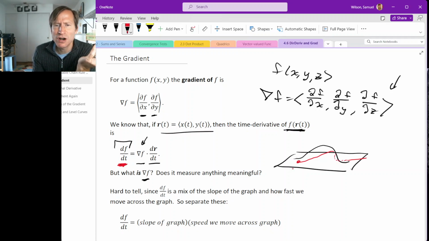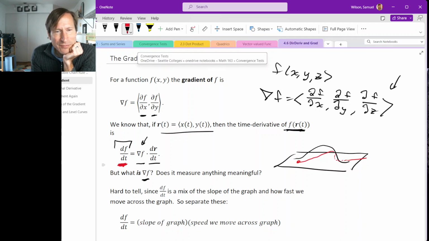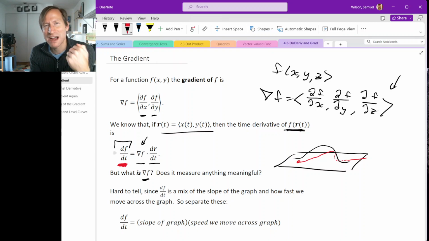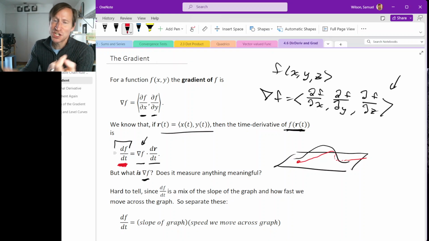It's made out of how fast the height of the graph is changing, how steep the graph is under our feet, and also how fast we are moving across the graph. Because df dt, that's the slope of the graph at our location, could change either because we are moving faster or because the actual geometric shape of the graph is changing.